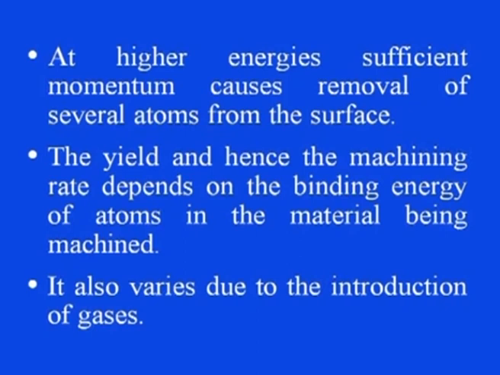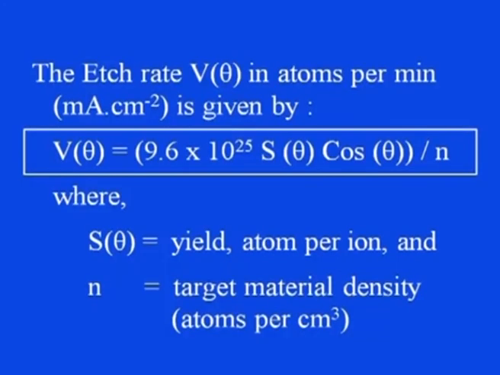It also varies due to the introduction of gases. The etch rate V theta in atoms per minute is given by, as can be seen on the screen, 9.6 into 10 to the power 25 S theta into cos theta divided by n, where S theta is the yield in terms of atoms per ion and small n is the target material density, which is atoms per centimeter cube.